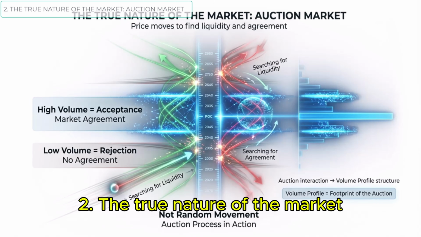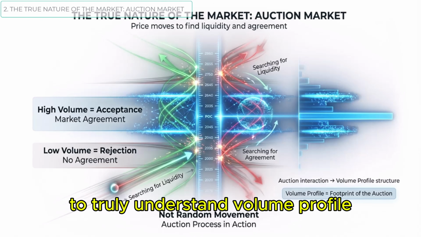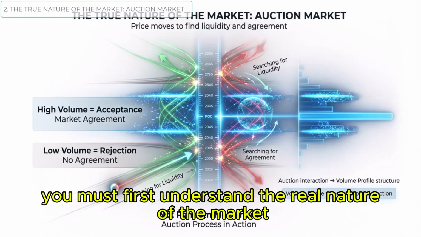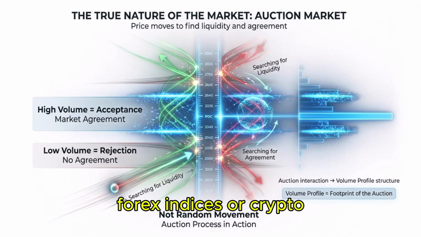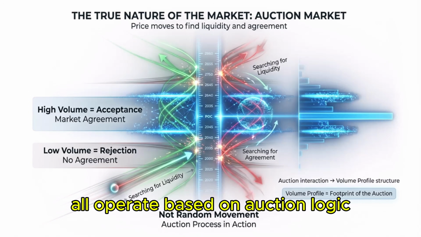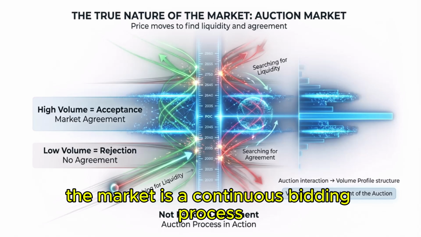2. The true nature of the market, auction market. Now, to truly understand volume profile, you must first understand the real nature of the market. Financial markets, whether it's futures, Forex, indices, or crypto, all operate based on auction logic. In simple terms, the market is a continuous bidding process.